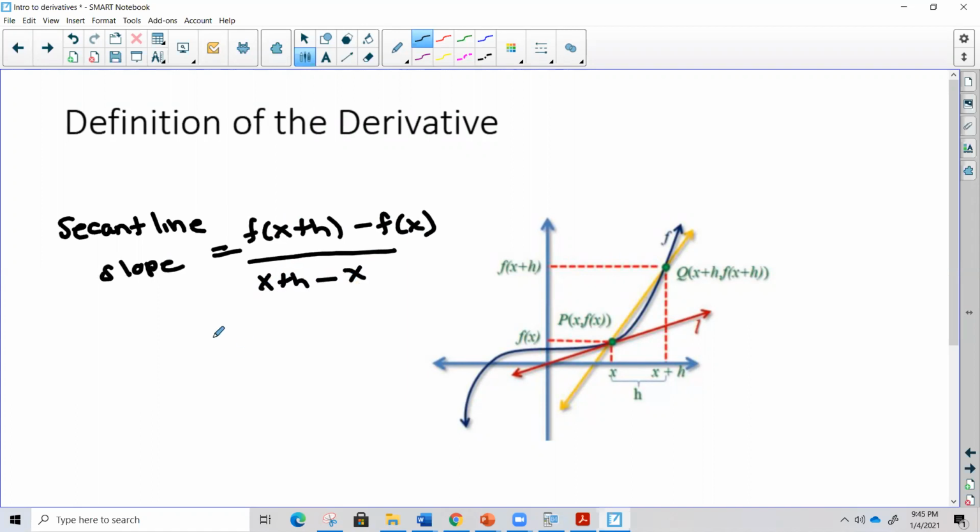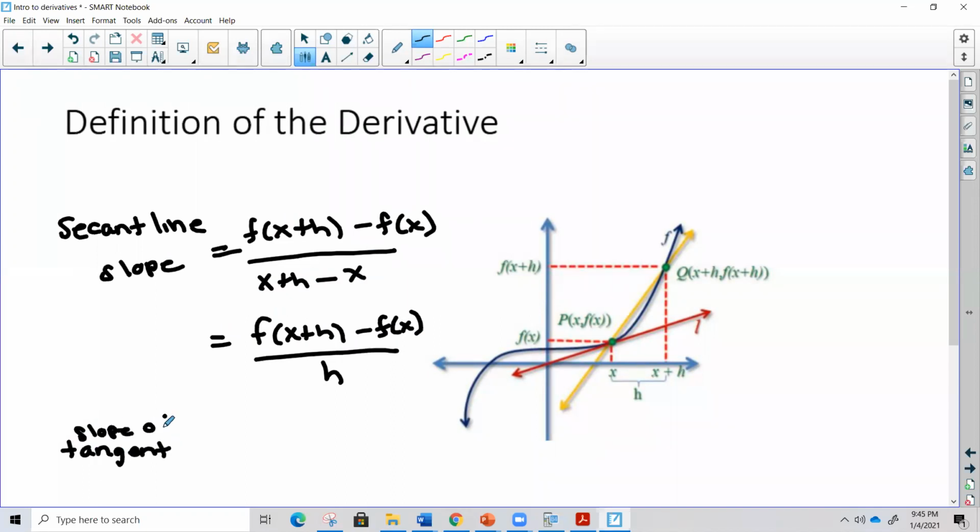So again, the x's add to 0, and we just get f of x plus h minus f of x all over h. And then if I want the slope of the tangent line, or that's also the derivative, we take the limit as h approaches 0 of this expression. And that gives me the slope of the tangent line.